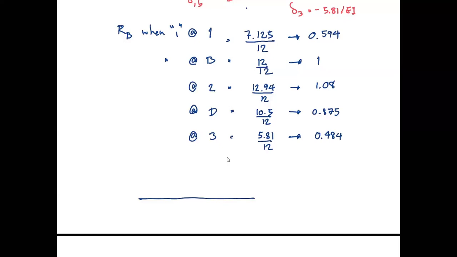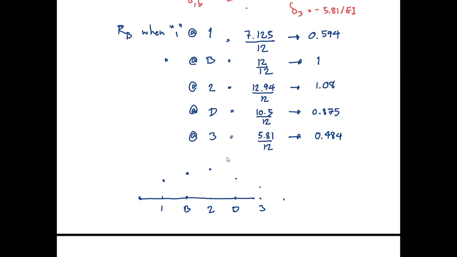Now let's say point A, no point doing that, it's 0, right? Then at 1, it's 0.984. At B, it's going to be 1. At point 2, it's 1.08. And then at D, it's 0.875. And then at 3, it's 0.484. And then 0 in the end.